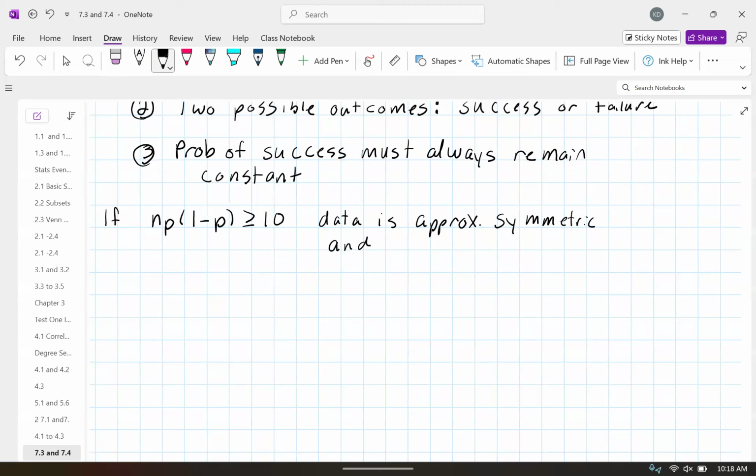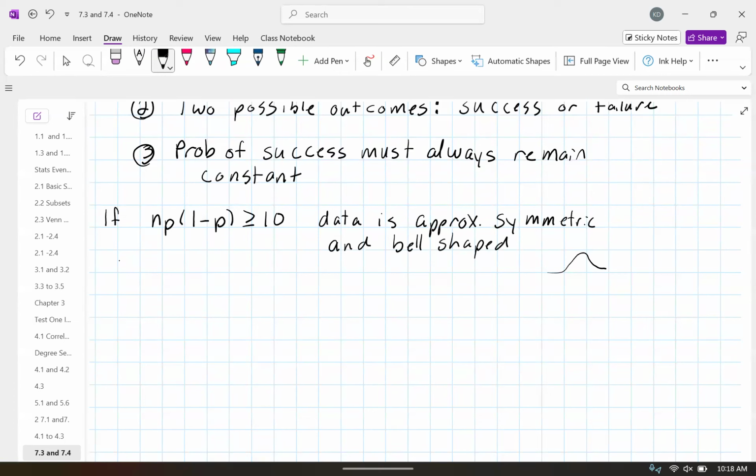Oh, and bell-shaped, sorry. Our data is approximately normal. It's good enough for our purposes.